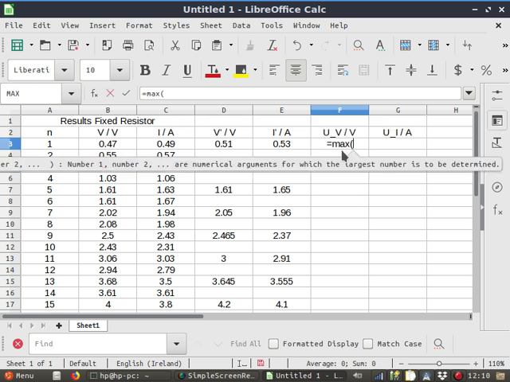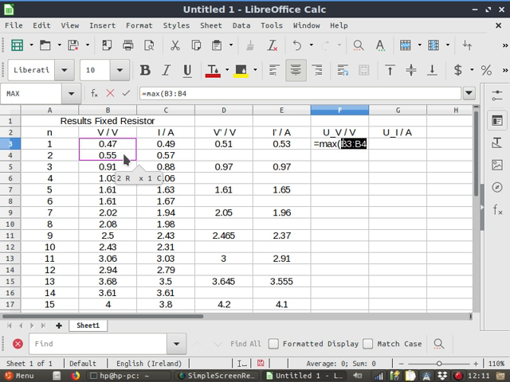Equals max bracket and then you highlight B3 colon B4. Then you close bracket. Okay. Now, is that the maximum? No, because we have to add to it, look, plus 0.005.